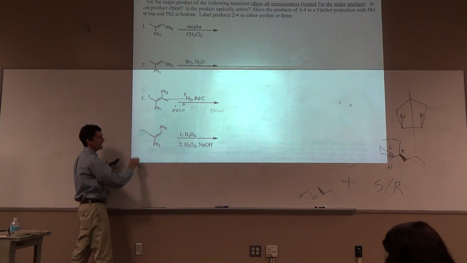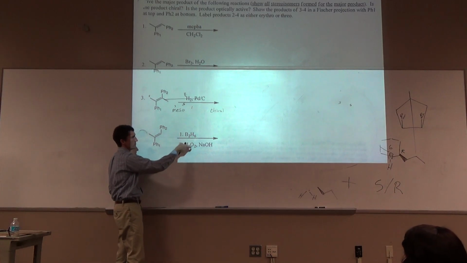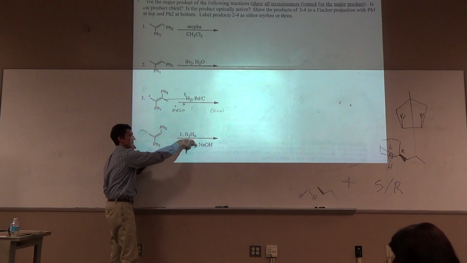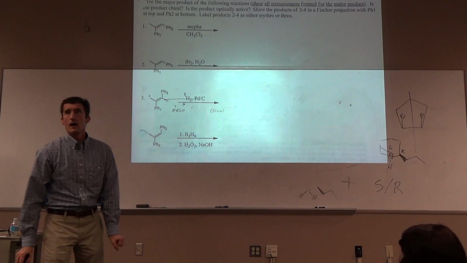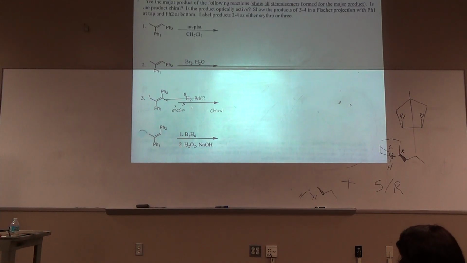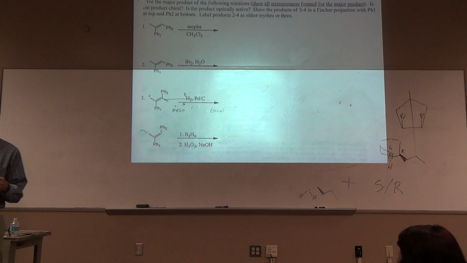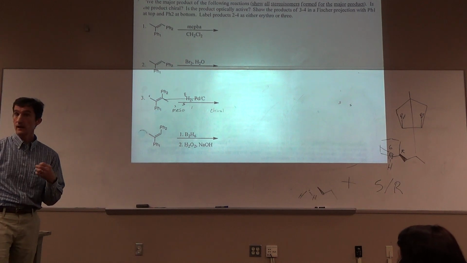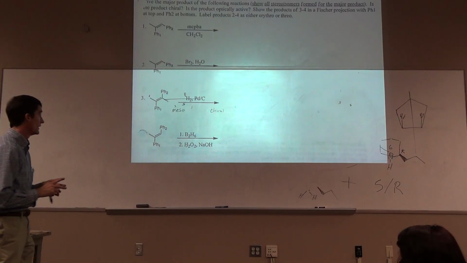You got this alkene, BH3. What are we doing to the alkene with these conditions? Hydroboration oxidation. What does it turn the alkene into? Alcohol with non-Markovnikov orientation, if we think about that.